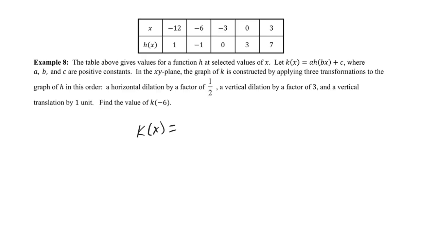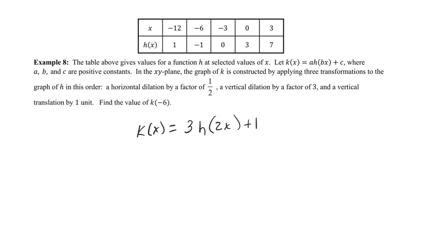What kind of transformations do we have? We have a horizontal dilation by a factor of 1/2, so I know that this has got to be 2x, right? Got a vertical dilation by 3, so there's a 3 out there, and a vertical translation of 1. So I believe that is what our function would look like with our a, b, and c.